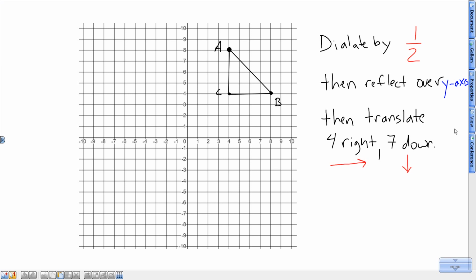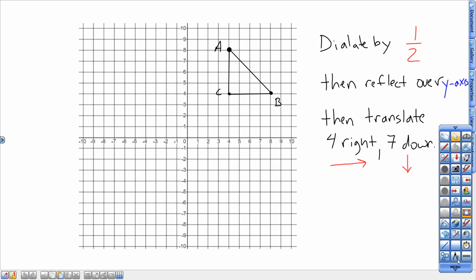So dilate, remember, if you dilate it by a number less than 1, that means you're dividing. If that was dilating by the whole number 2, that would be timesing by 2. But since I'm writing it as a fraction, that means I'm dividing each number by 2.